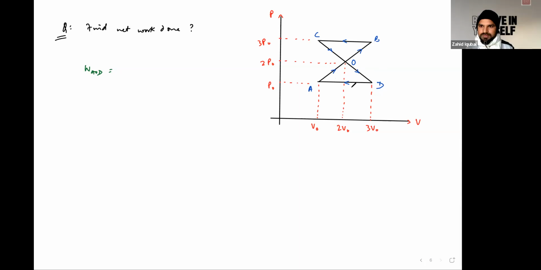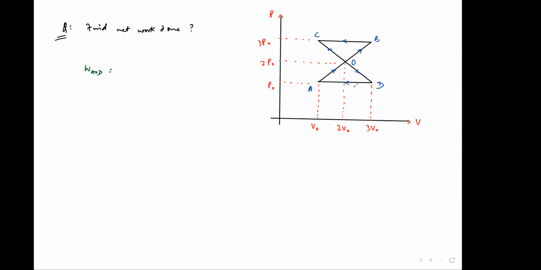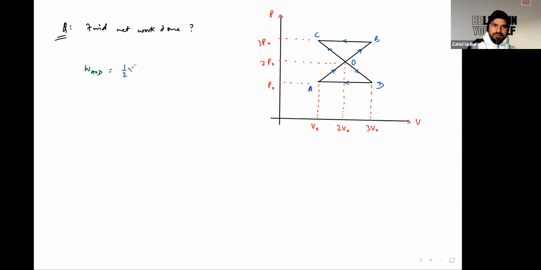Area of triangle is equals to? 1/2 into B into H. Good. So 1/2 base we have in this part is AD, and perpendicular we have this vertical region, that is 2P naught minus P naught. So base we have 3V naught minus V naught, and for this perpendicular we have 2P naught minus P naught.